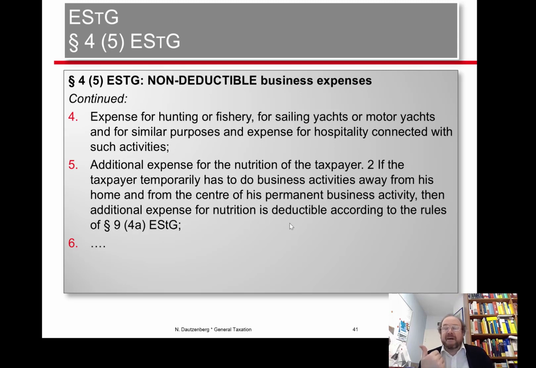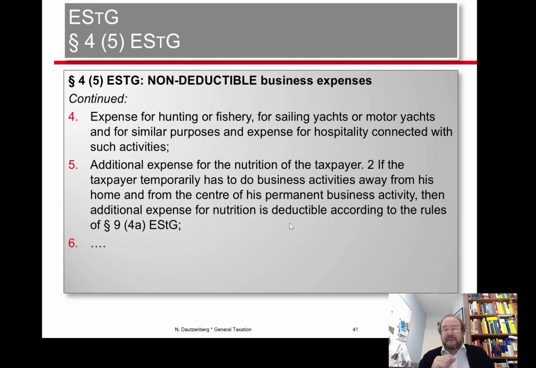But the question is now, how do you measure what would have been your normal meal expense and what is the additional part of the meal expense, and that would be highly complicated. And for that reason, tax law in Germany said we standardize that. We make an estimate which amount you can reasonably deduct as additional costs.